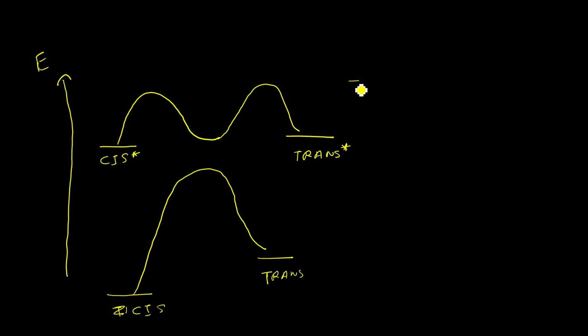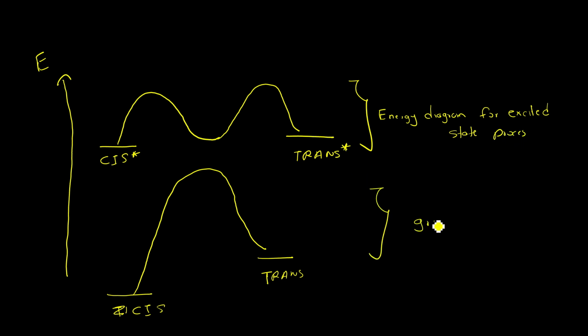This is the energy diagram for the excited state. This is for the ground state. So when we compare the delta E values, let me draw it, this is delta E1 and this is delta E2.